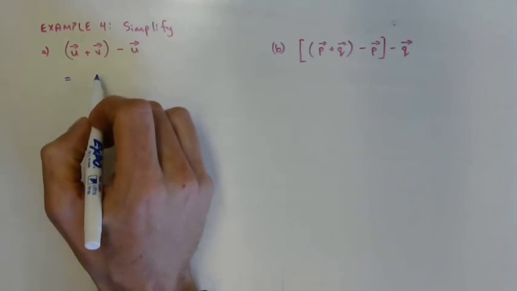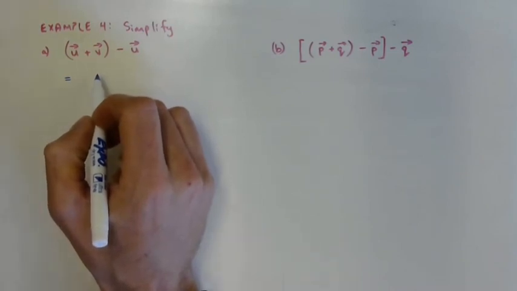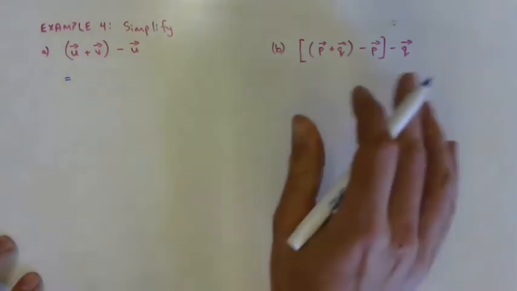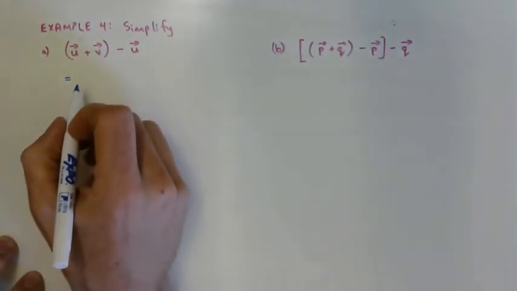Okay, but in practicing and thinking through what we're doing with the properties of vectors and the properties that we already use of integers, I'm going to write some different steps. This one we'll do without all the bonus steps, but here I'm going to explain what's actually happening.